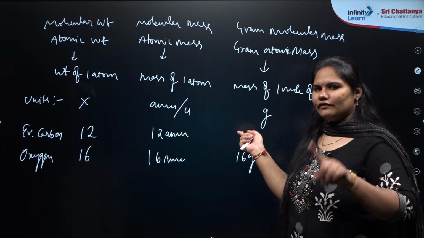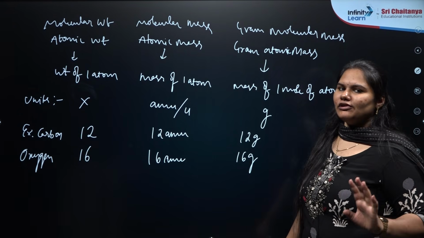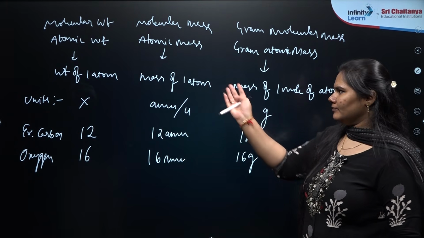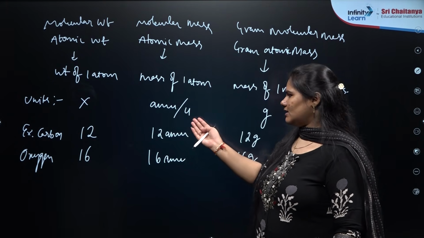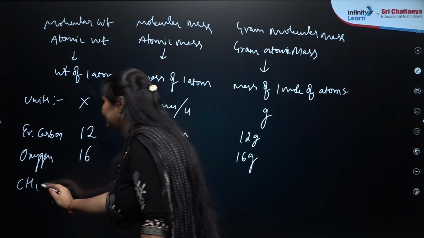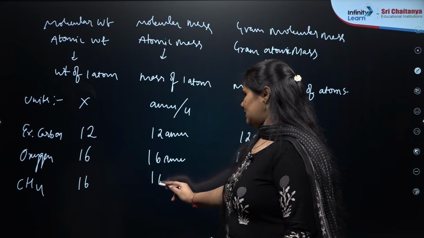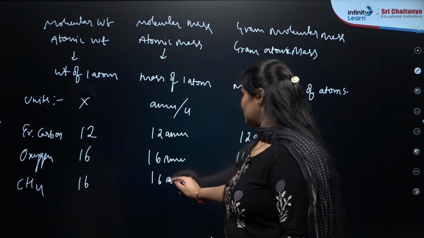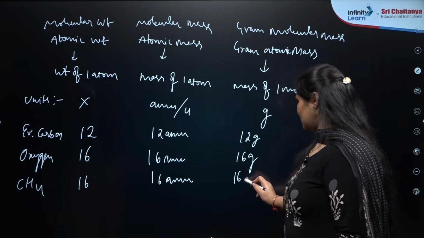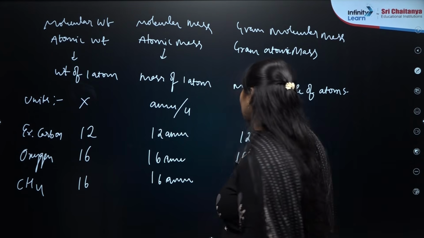Molecular mass is mass of one molecule. Gram molecular mass is mass of 1 mole of molecules in grams. Again, units are the same. Molecular weight does not have units. Molecular mass has AMU. Gram molecular mass has grams. Let me take an example, CH4 only. Here it will be 16 molecular weight, 16 AMU molecular mass, and 16 grams gram molecular mass. This is all the terminology we have learned.